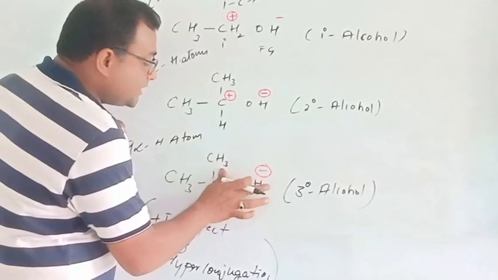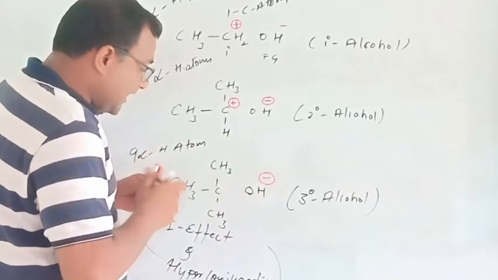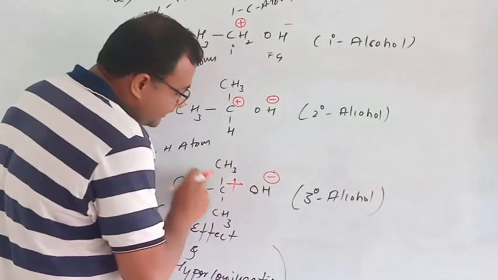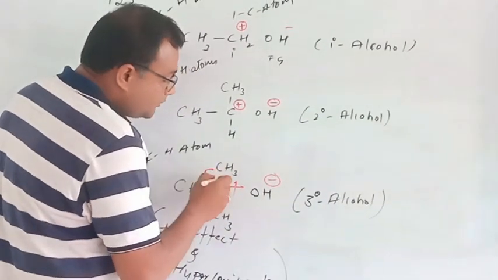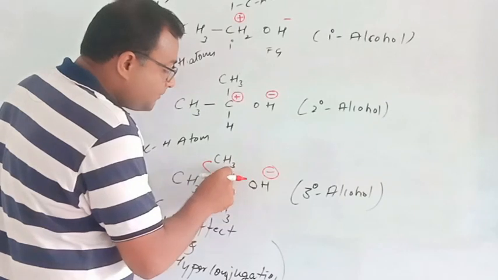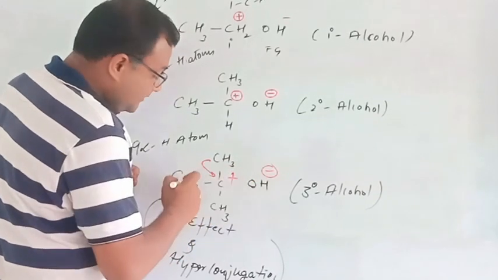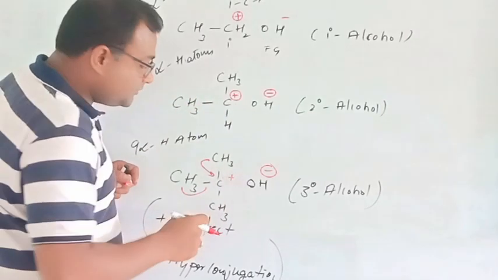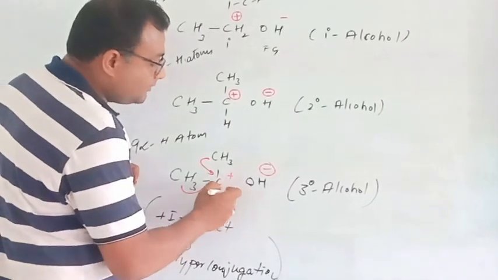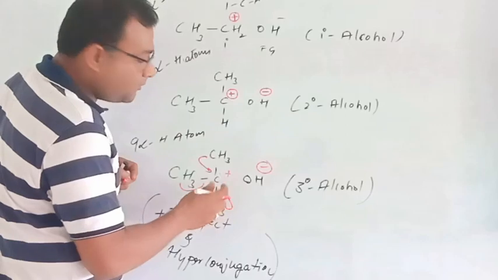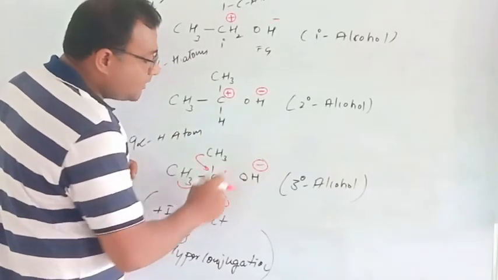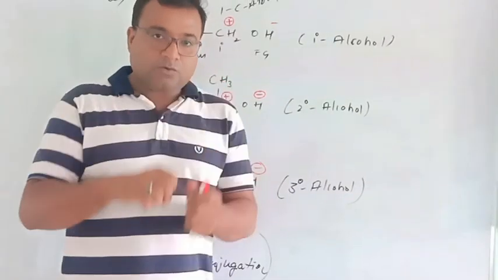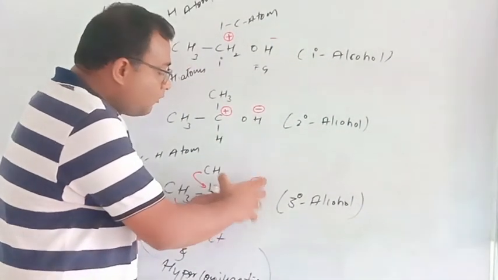The big positive charge releases electrons through the sigma bond, then the positive charge becomes less, and this also releases electrons through the single bond. The positive charge becomes a very small positive charge, which cannot hold the bigger OH minus ion.